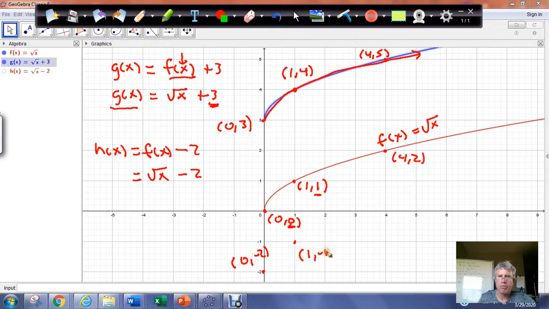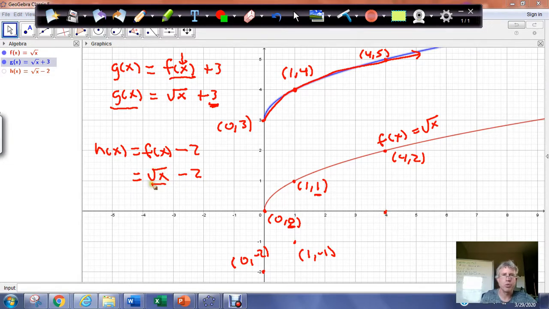1, negative 1. So again, the output 1 minus 2 is negative 1. And here we're going to take that output of 2 and move it down 2 units.